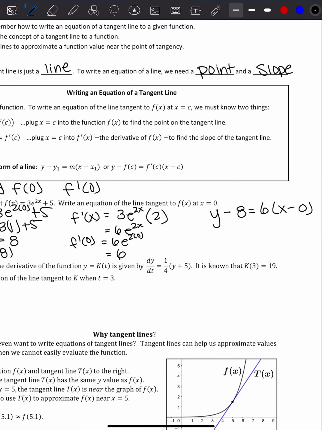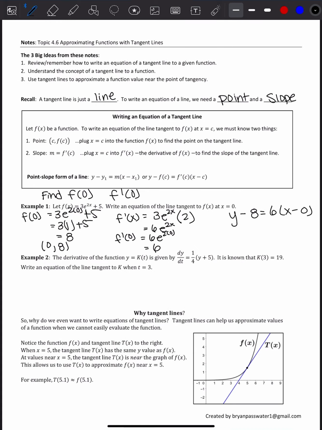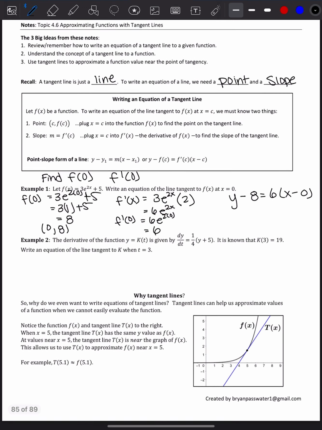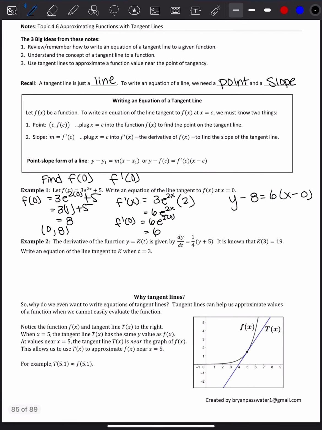So what we're going to be doing next is, the derivative of function y equals k of t is given by dy over dt equaling 1/4 y plus 5. It is known that k of 3 is equal to 19. Write an equation of a line tangent to k when t is equal to 3. So same kind of thing.